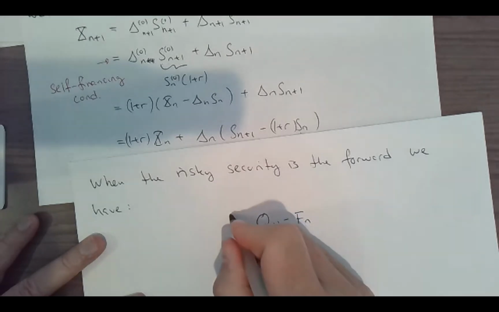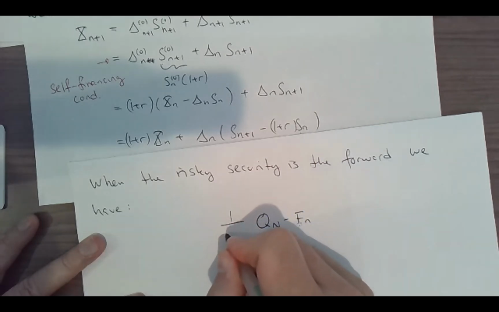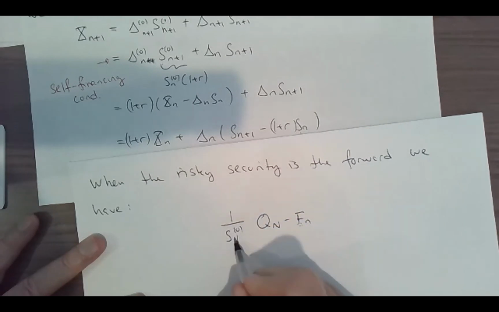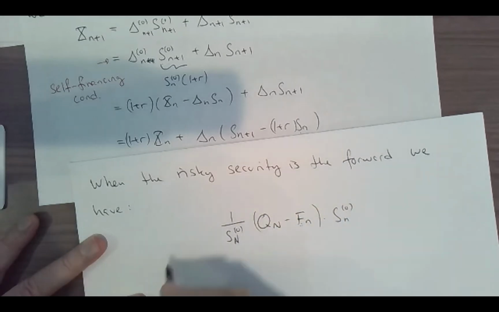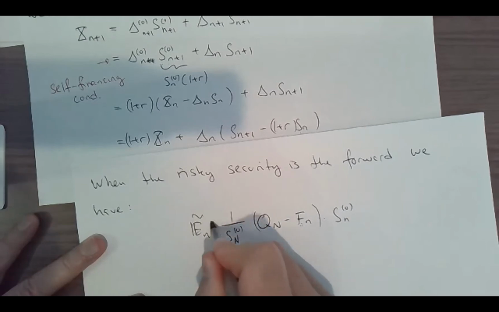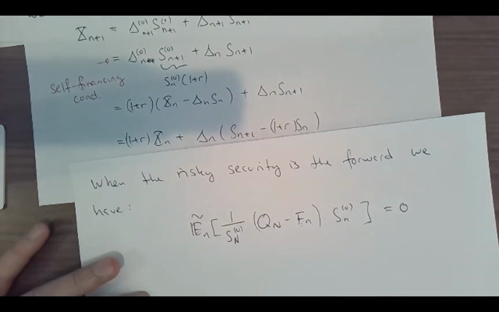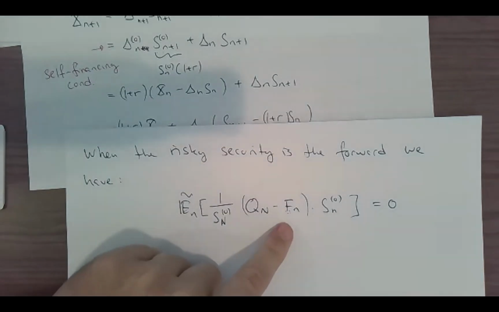Well, I have to discount this thing back to time 0 and then move it forward to time little n, and I want to compute the conditional expectation. So this is going to be equal to 0.